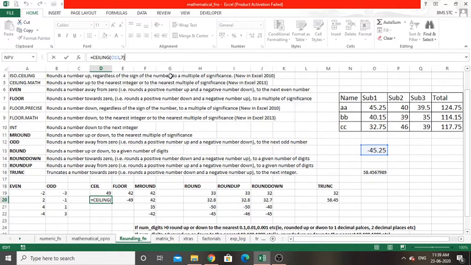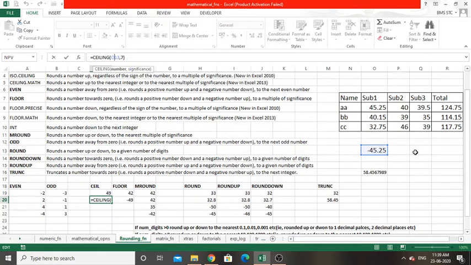So let's come to the ceiling function here: ceiling of minus 45.25, which will consider only a multiple of 7, as I said just before. Minus 44 performs a rounding up, since the ceil function always rounds up, but it is not a multiple of 7.